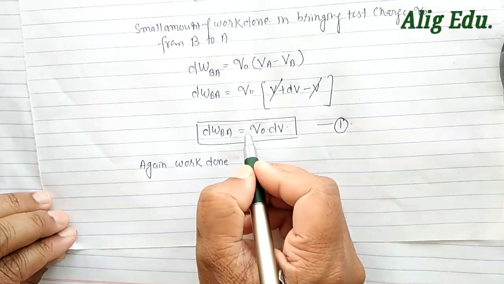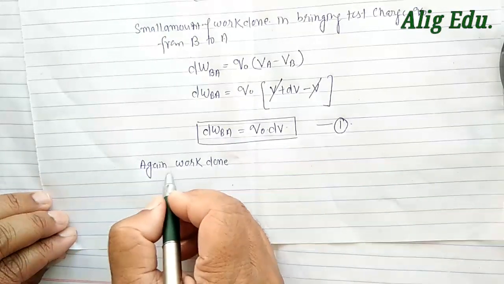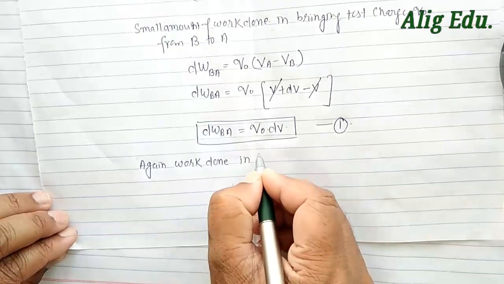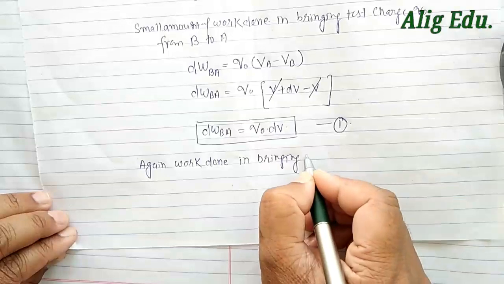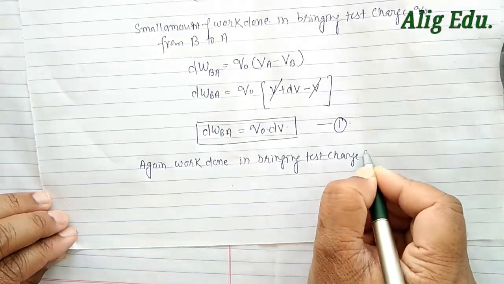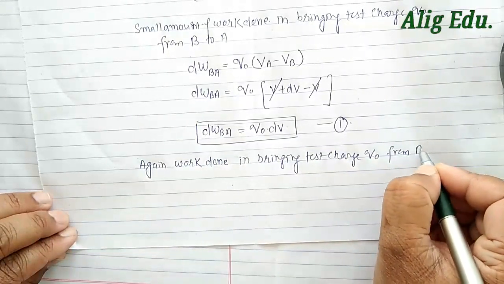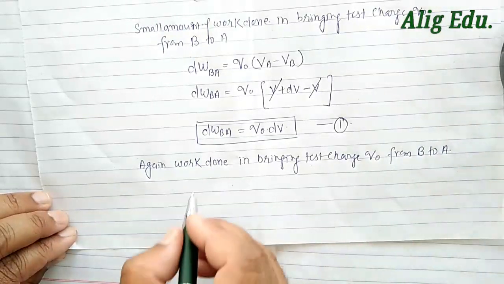So now we find the expression for the work done in bringing the test charge Q naught from B to A in terms of electric field.